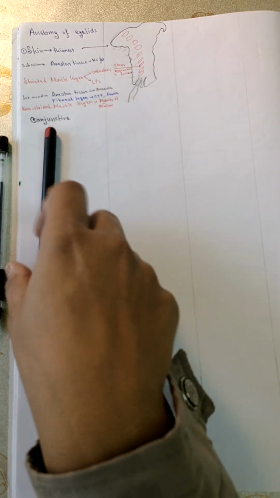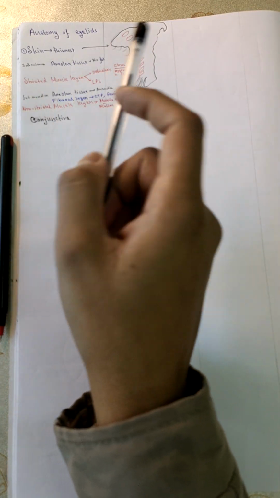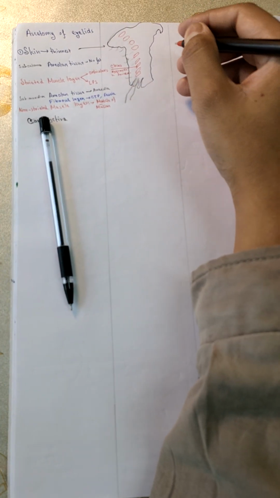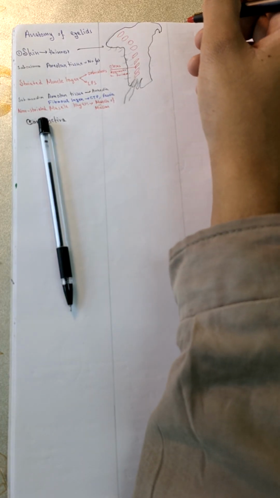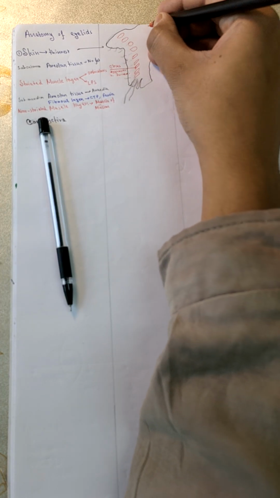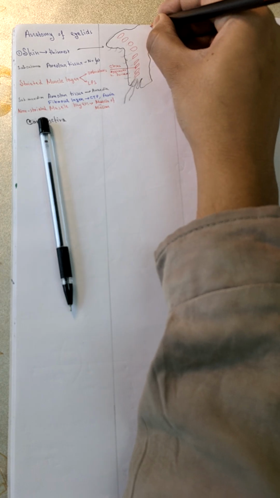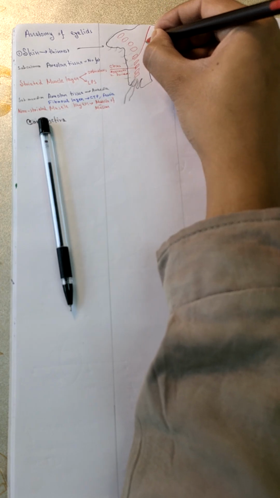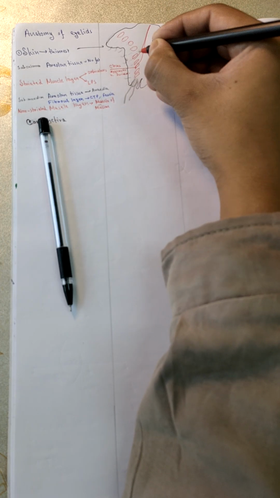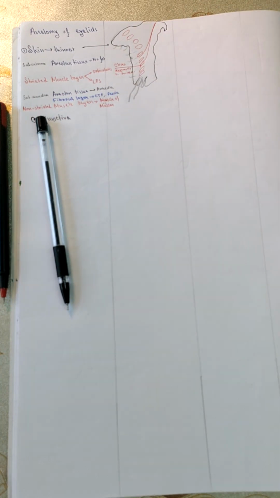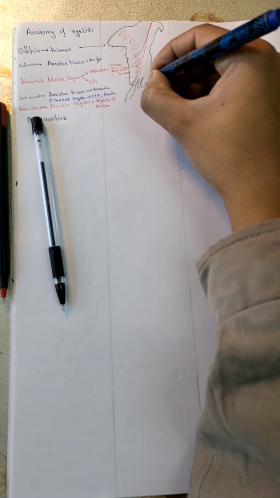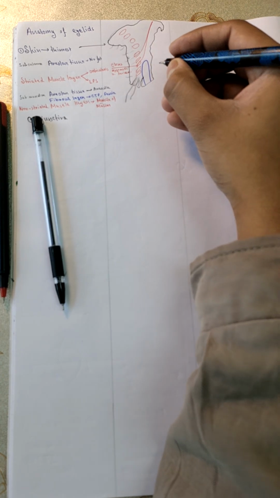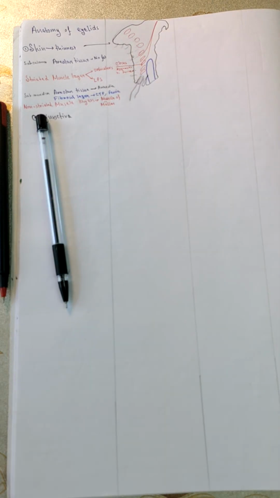Next is another striated muscle, the levator palpebrae superioris muscle. This levator muscle is coming like this, and here I have another gland, the meibomian gland. Just make it like there, as the picture is inside.